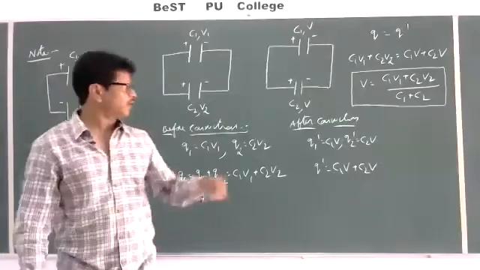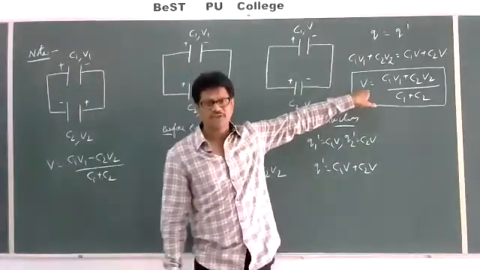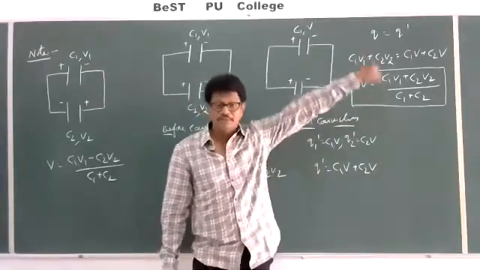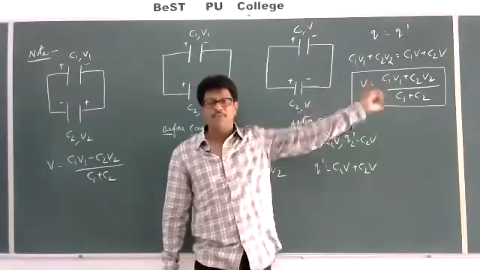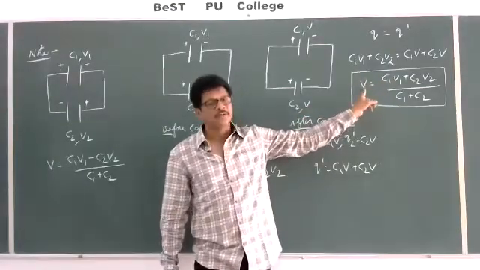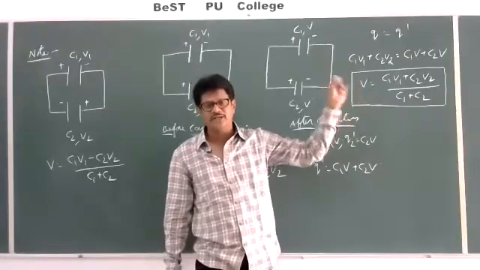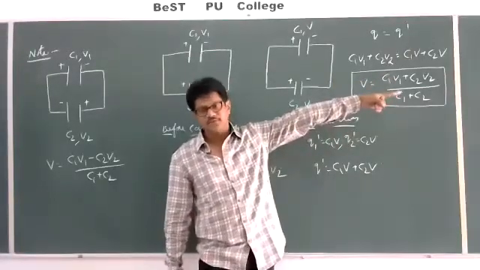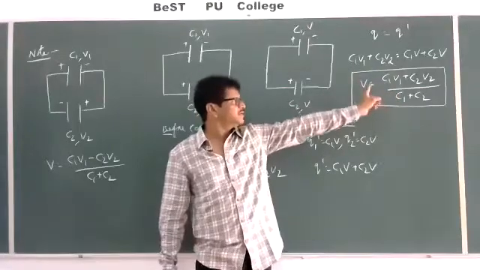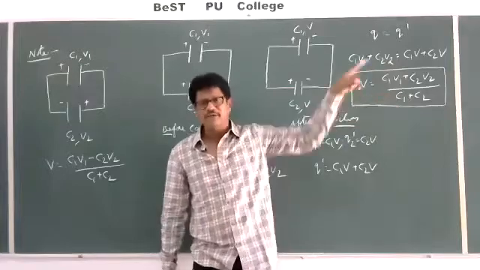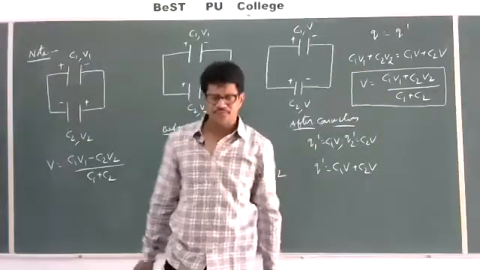There we got the formula to find the common velocity: m1 v1 plus m2 v2 by m1 plus m2. Did you remember? Similarly here, the formula is C1 V1 plus C2 V2 by C1 plus C2.